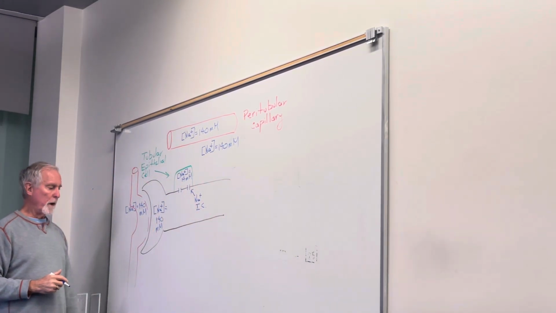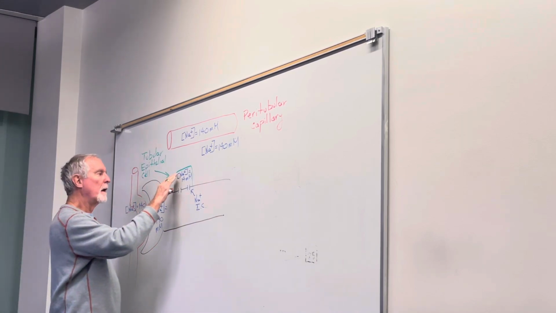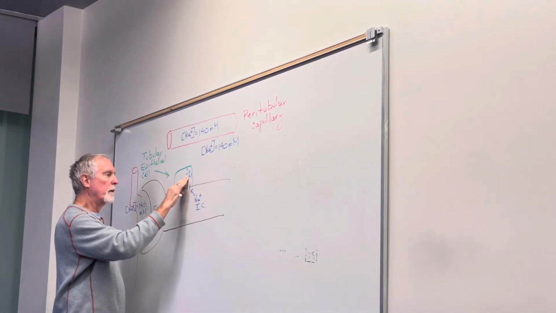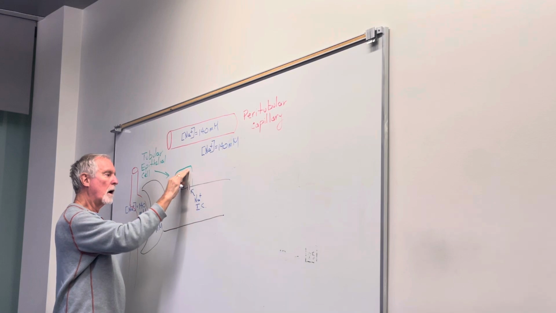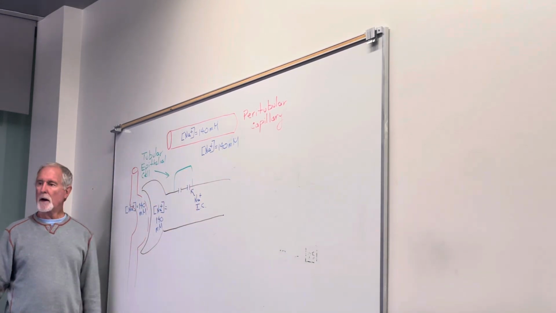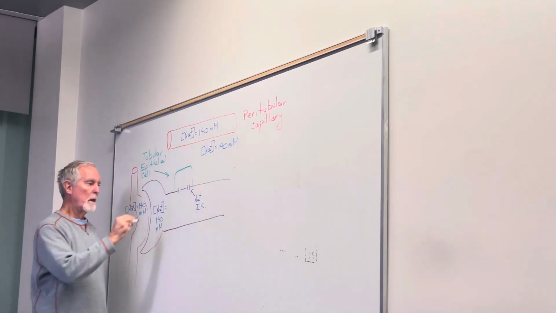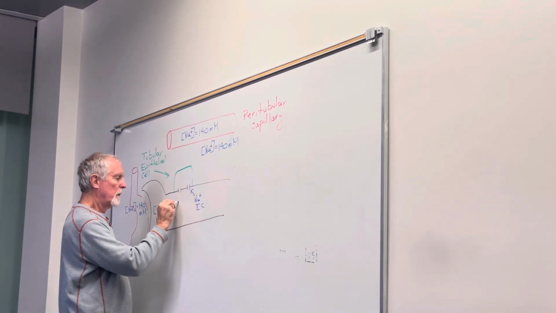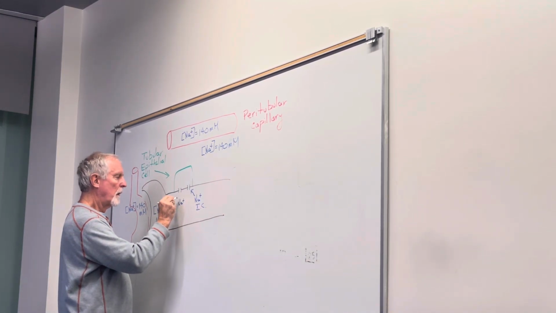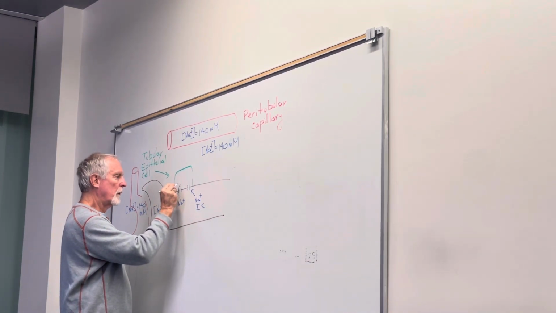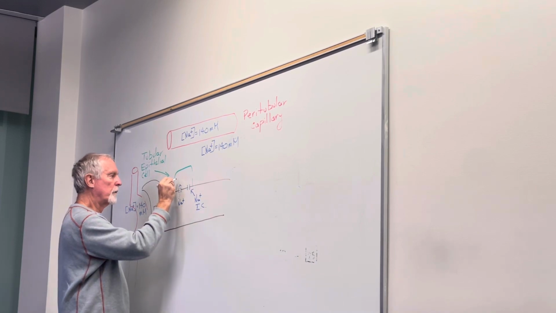And so I'm hoping that all of you would tell me that sodium wants to move from an area of high concentration to an area of low concentration. And so sodium ions are going to move into this tubular epithelial cell.